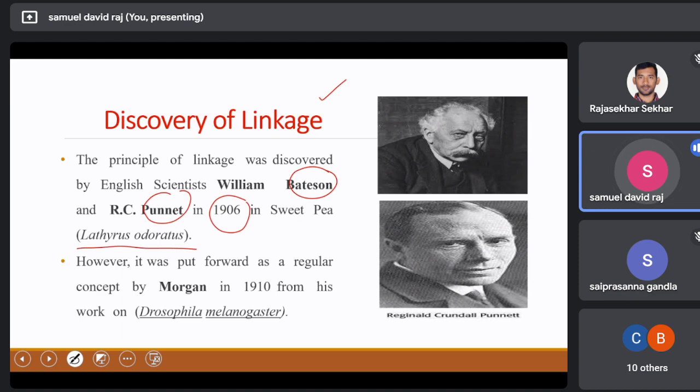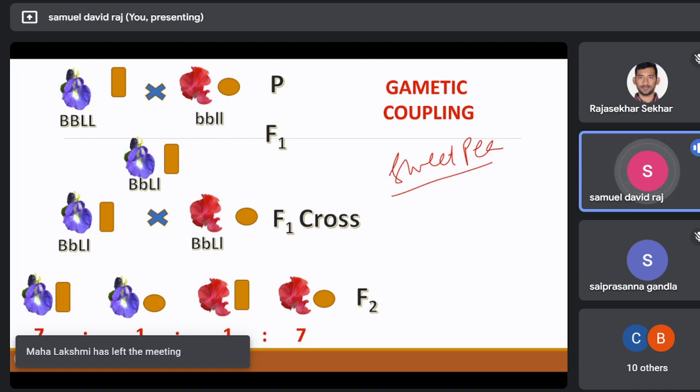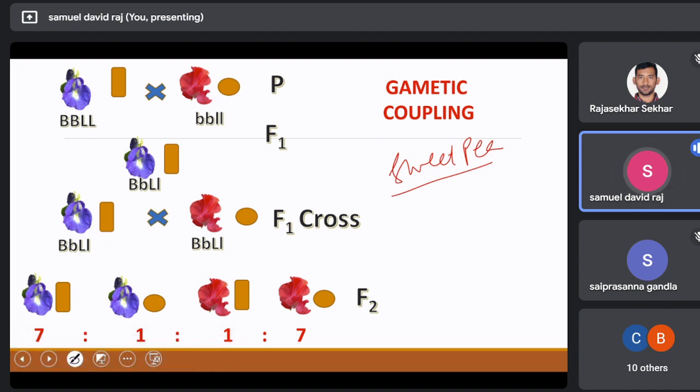Let me now explain the discovery of linkage. Bateson and Punnett were working on the sweet pea. They went for a dihybrid cross, in which they took two characters. One is flower color.